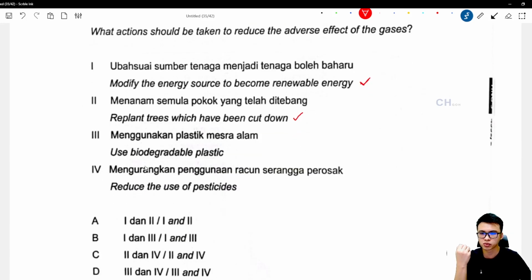Use biodegradable plastic, not related to global warming. Reduce the use of pesticide, not related to the greenhouse gases. So the answer here should be 1 and 2. Plants will not only absorb CO2, they will also absorb the methane gas. So trees are the best solution to solve the global warming issue. So the answer should be 1 and 2.